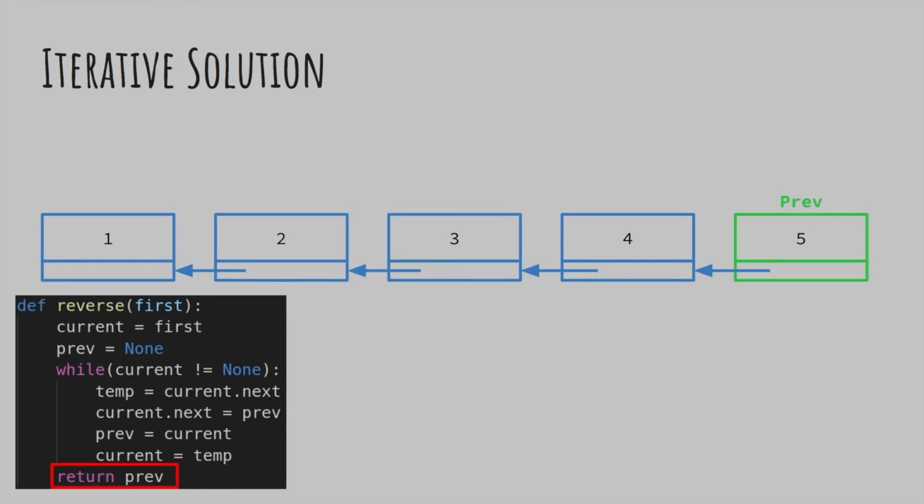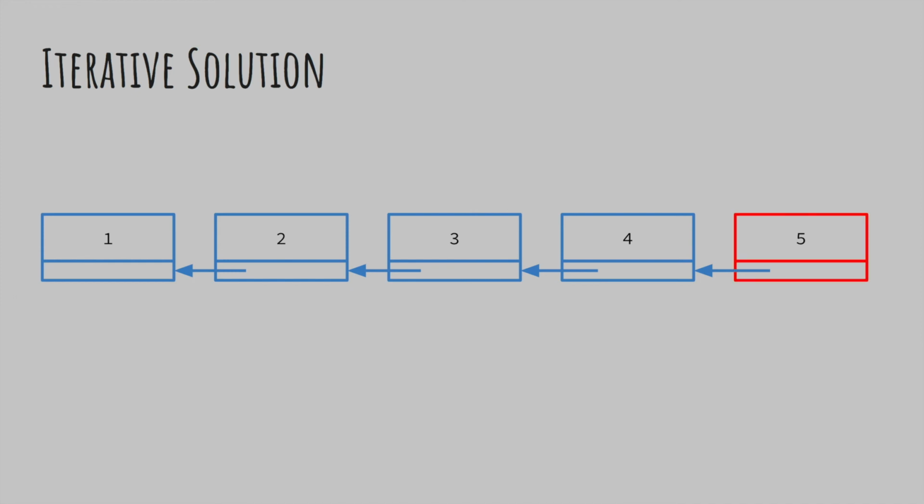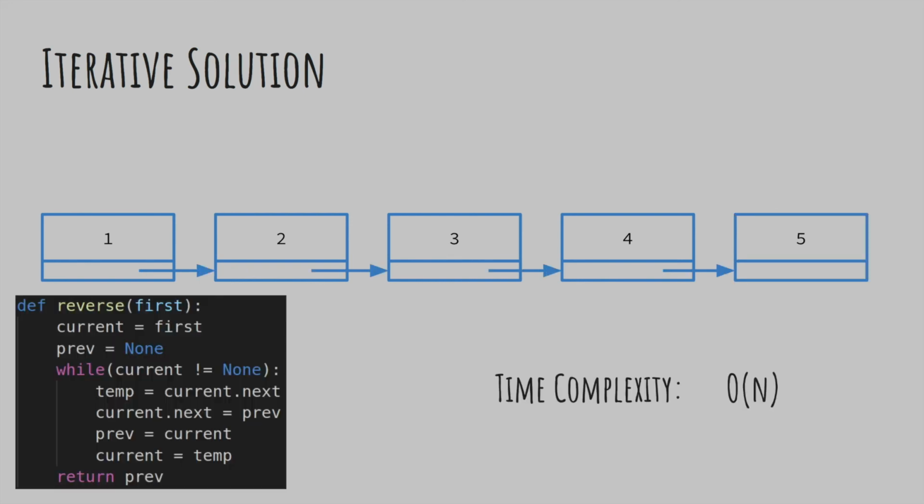And this will continue until we reach the end of the linked list and current equals None. We will get out of the loop and we will return the previous variable. So we will return the node with value 5.